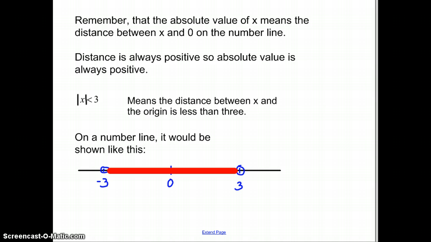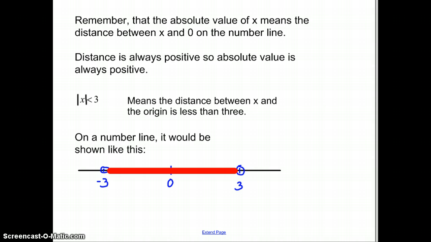value is always positive. If you take a look at the absolute value of x is less than 3, what that really means is that the distance between x and the origin is less than 3. On a number line, think about what that means. Take a look here. Because we have a less than sign, that means we have open circles on 3. The absolute value of x is less than 3, so we're going to go left of 3.